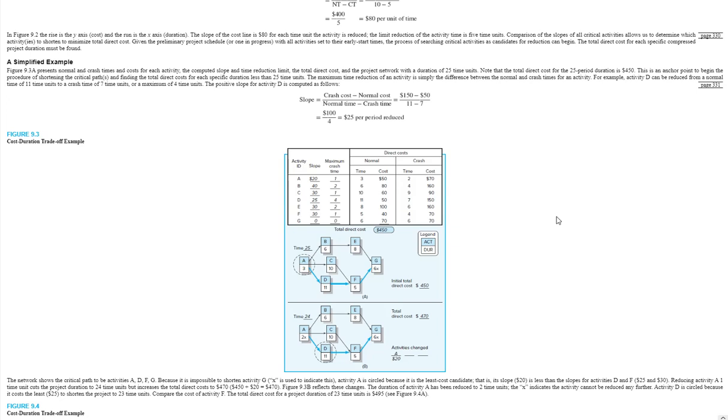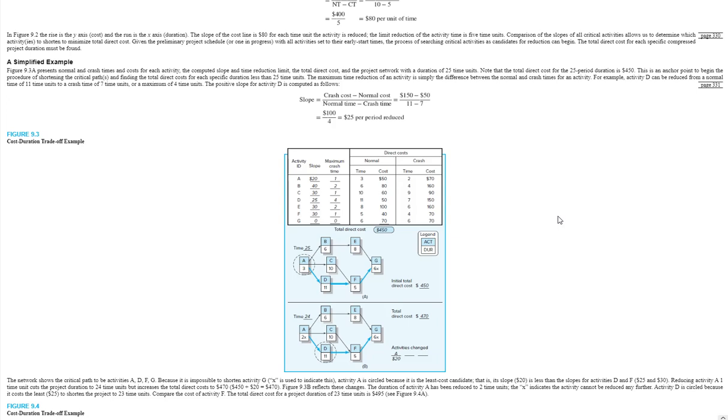So you could reduce it by 1 unit of time, and you've added $20 more to the direct cost. Okay, and you do this one by one, taking a look at every critical path, and as you start reducing activities, the critical path will shift, and sometimes you'll have more than one critical path, meaning you may have to reduce more than one activity to cause the overall project to reduce.